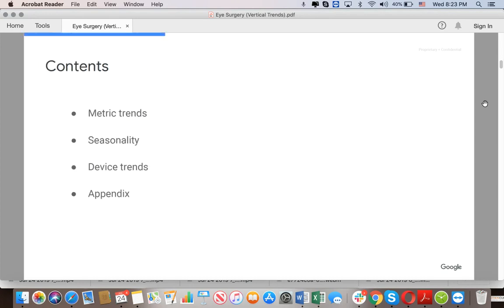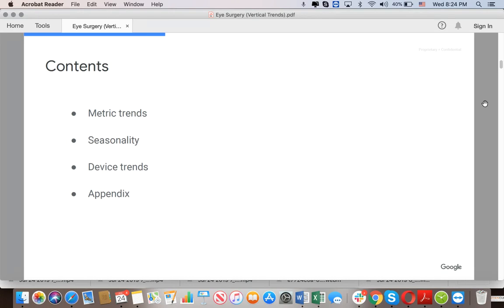Let's go. Next, we will speak in this presentation a little bit about the metrics and trends. What works better in this industry, in the sense of advertising in Google. What metrics performed better for the last 3 years, 2 years, 1 year. We also speak about seasonality, about the sessions, what's going on with the queries.